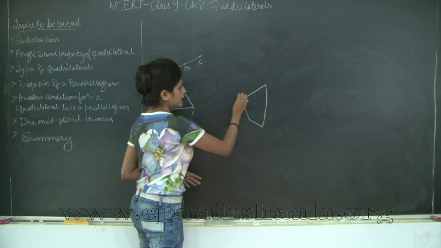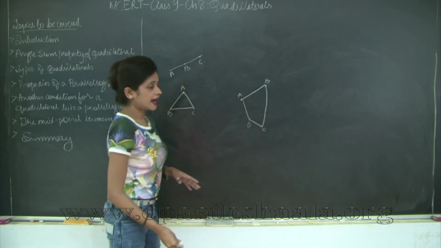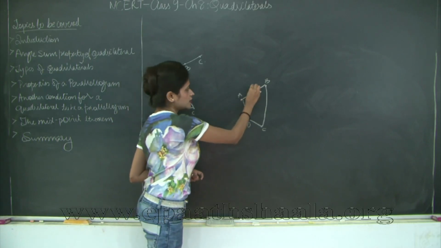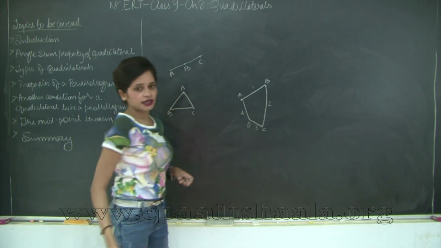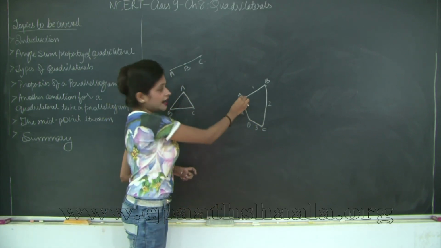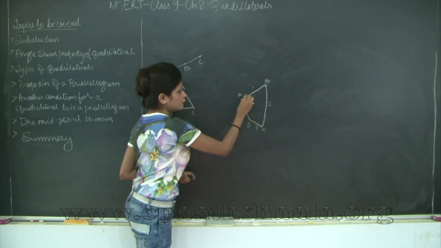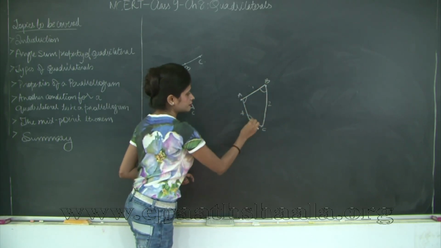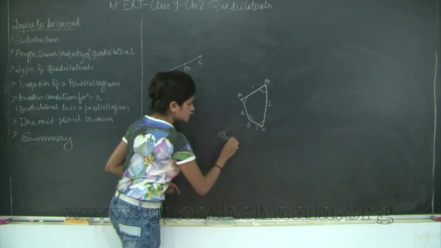I'll mark my vertices A, B, C, D. So this is my side 1, this is side 2, this is side 3 and side 4. And so this figure has 4 vertices, 4 sides and 4 angles. This figure is known as a quadrilateral.